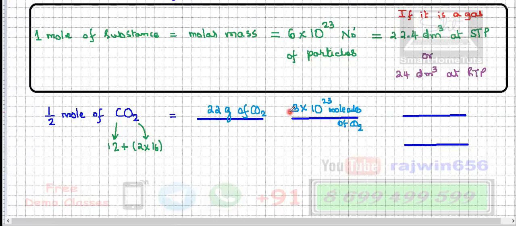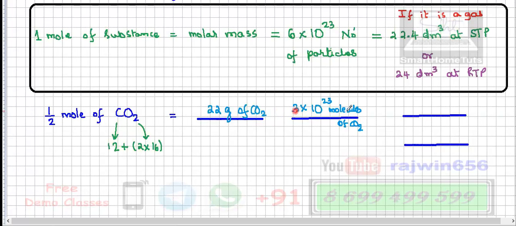Now here it is 3 into 10 raised to 23 molecules of CO2. Suppose I ask you how many carbon atoms are present in this much, it is going to be the same, because 1 molecule of CO2 contains 1 carbon atom. So these many molecules of CO2 will contain the same number of carbon atoms. If I ask you how many oxygen atoms are present in it, then 1 molecule of CO2 contains 2 atoms of oxygen.